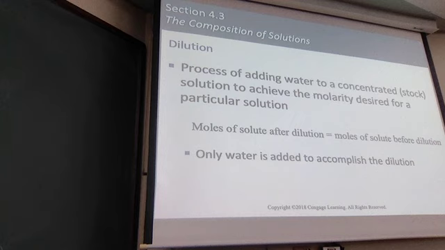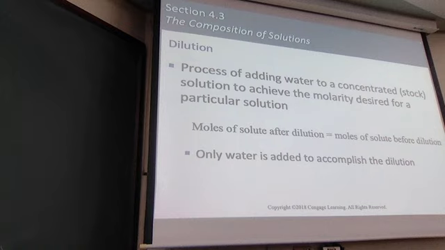And as you know, n we can always write as a concentration times the volume. So we have the concentration of the concentrated case times the volume of the concentrated case, and this has to equal the dilute concentration times the dilute volume, right? So with this, usually you know the concentration, you know the volume before, and you know what concentration you want to get to.